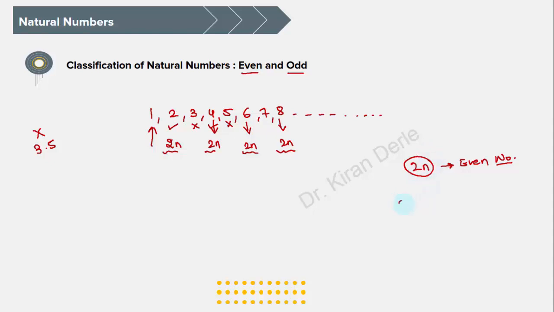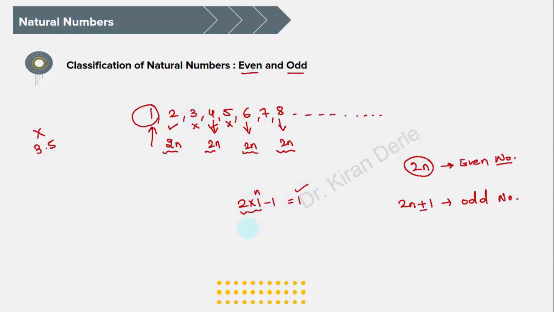What are odd numbers? The numbers of the form 2n plus or minus 1 are all odd numbers. How? See, I can write 1 as 2 into 1 minus 1. Here n is 1, and 2 into 1 minus 1 is 1, an odd number, right?